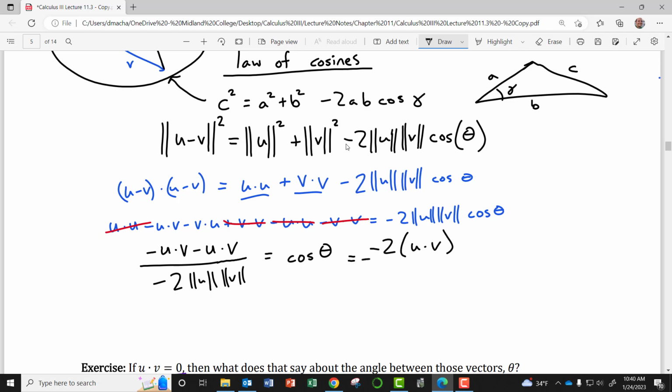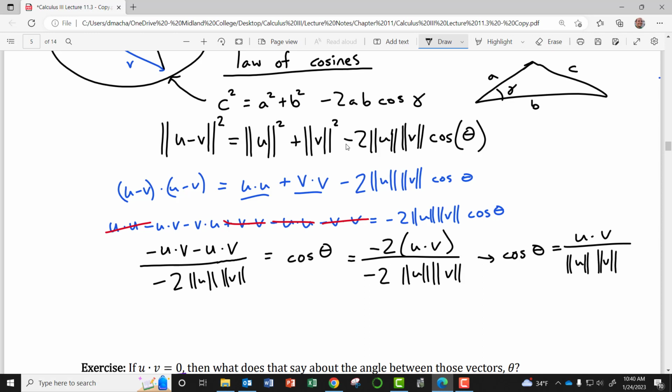And so that negative 2 is going to cancel with the negative 2 in the denominator. And so putting this all together, canceling out the negative 2's in top and bottom, gives me that cosine theta is equal to u dot v over norm of u, norm of v.